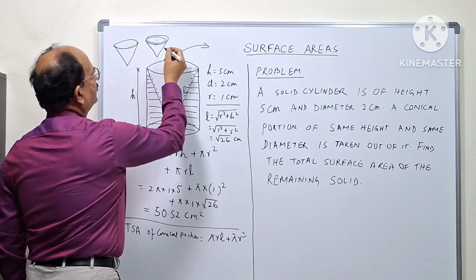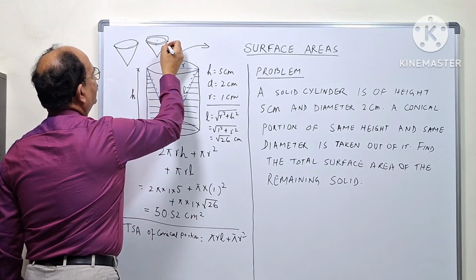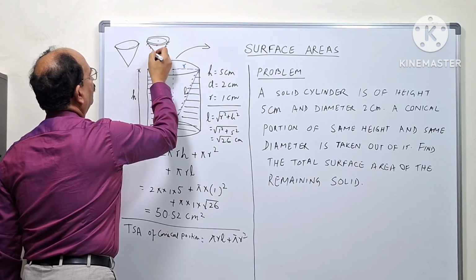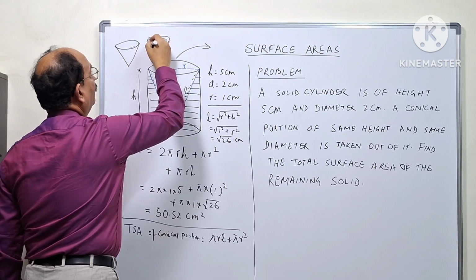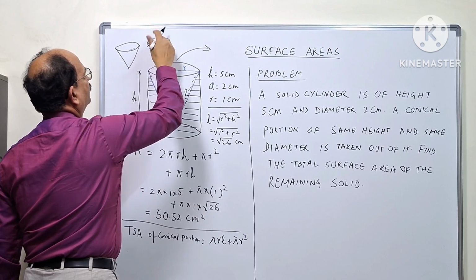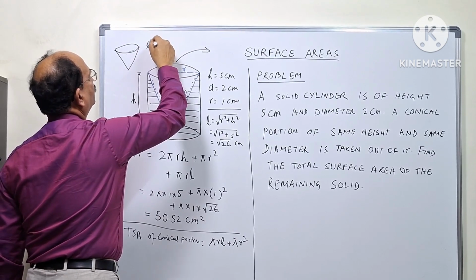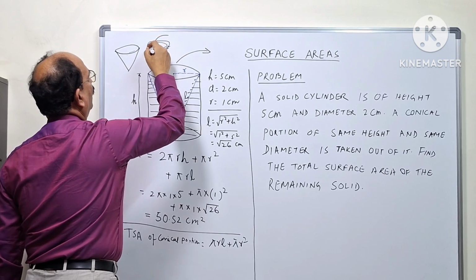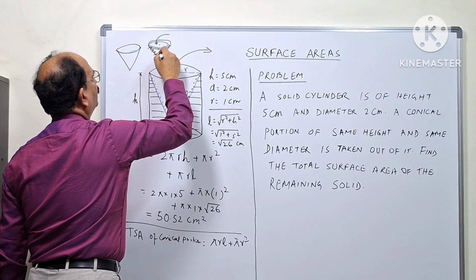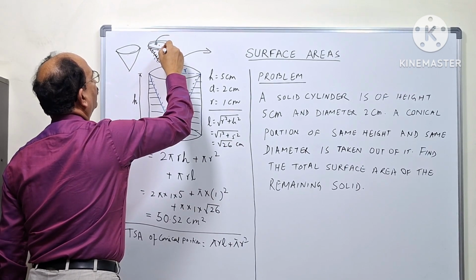So now in this case, the total surface area will comprise the curved surface area of the cone, and you can reach internally also because this solid portion has been taken out. So now you can reach inside, and if you have to paint this figure, you can paint inside also.